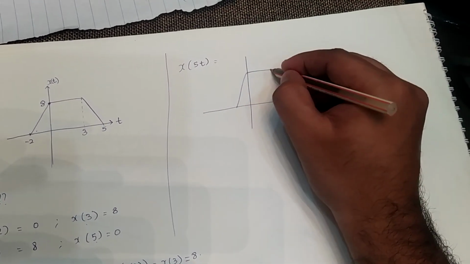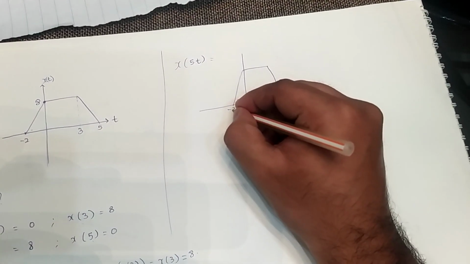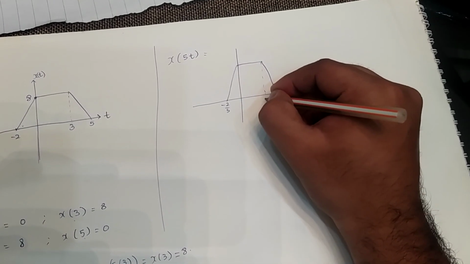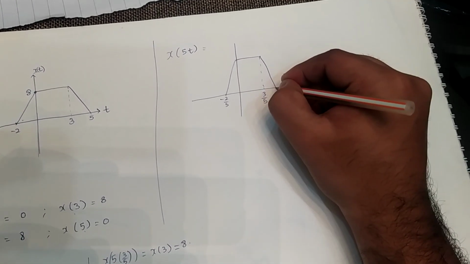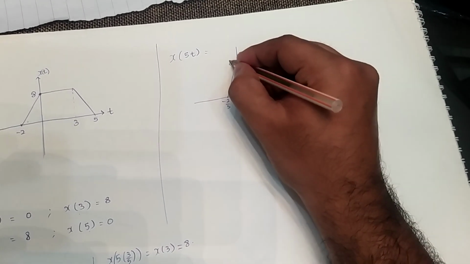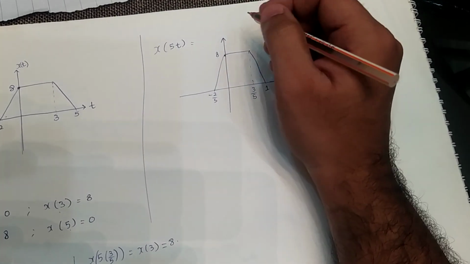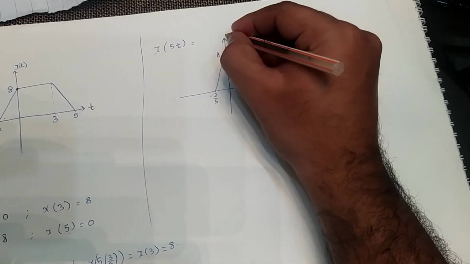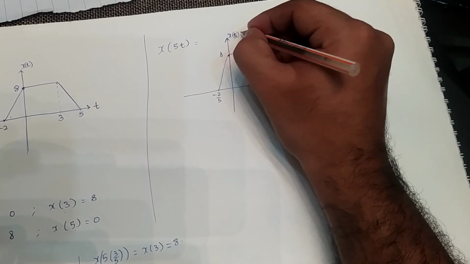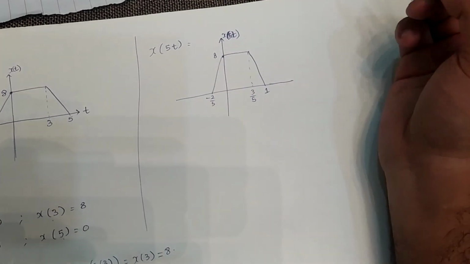Shape is going to remain the same, but what is going to change here is minus 2 is going to become minus 2 by 5, and plus 3 is going to become 3 by 5, and 5 will become 1, and 0 by something is 0, so that will remain the same. And the amplitude values won't change, so that is also going to remain the same. So this will be x of 5t. So this is how my x of 5t will look like.